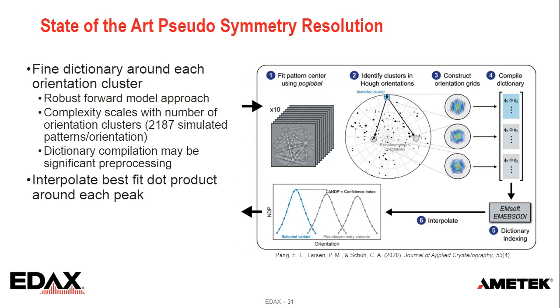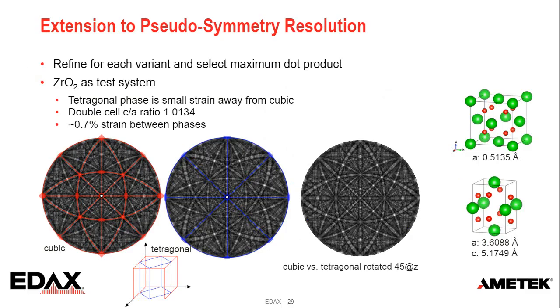So if you do a double unit cell instead of the primitive tetragonal unit cell, then it is a very small change. So this third master pattern on the lower right here shows switching between the cubic master pattern and the tetragonal pattern rotated 45 degrees about Z. And you can see it's a very small change. So this is a really challenging material to resolve the pseudosymmetry in.